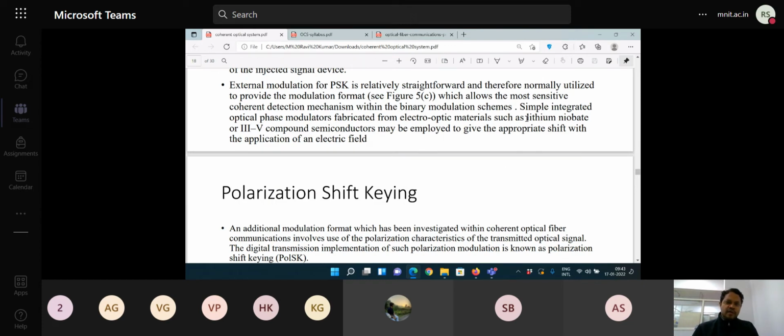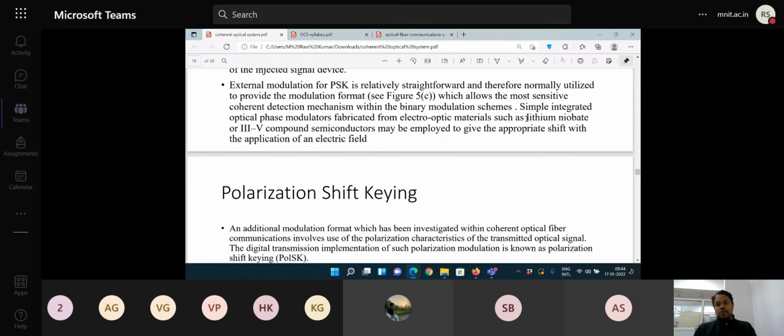If I remember, I think I had spent a few minutes on how electro-optic modulation is achieved.